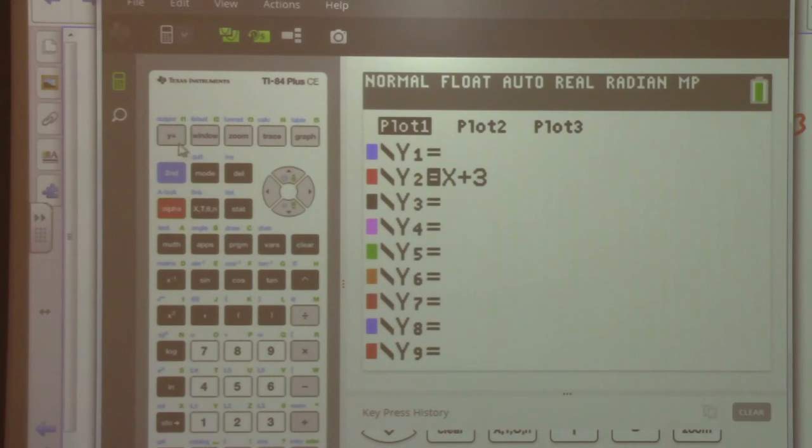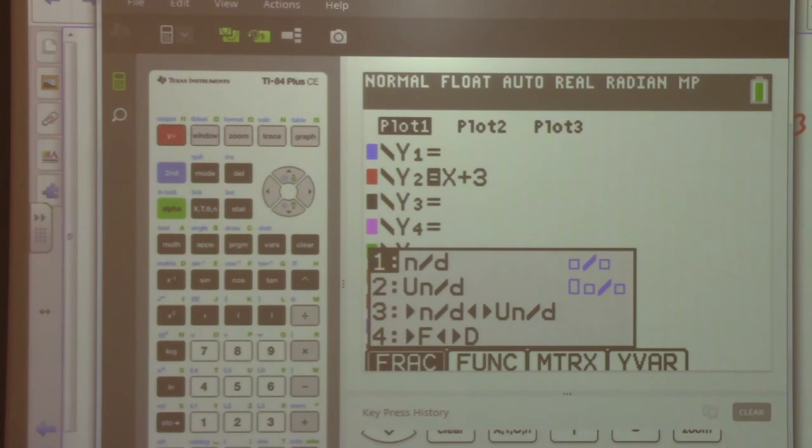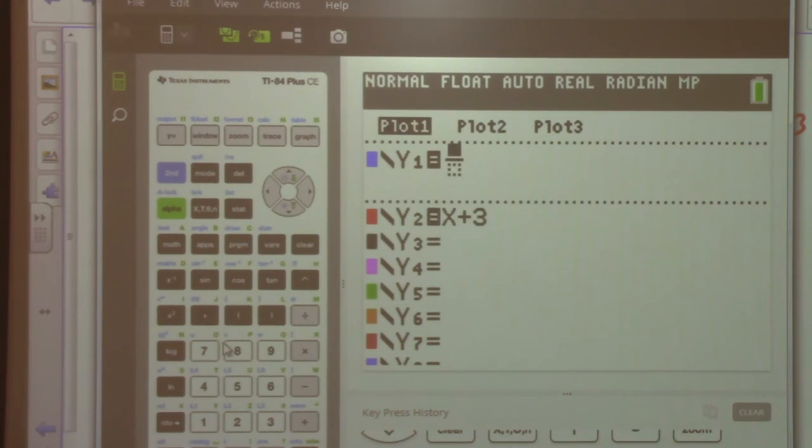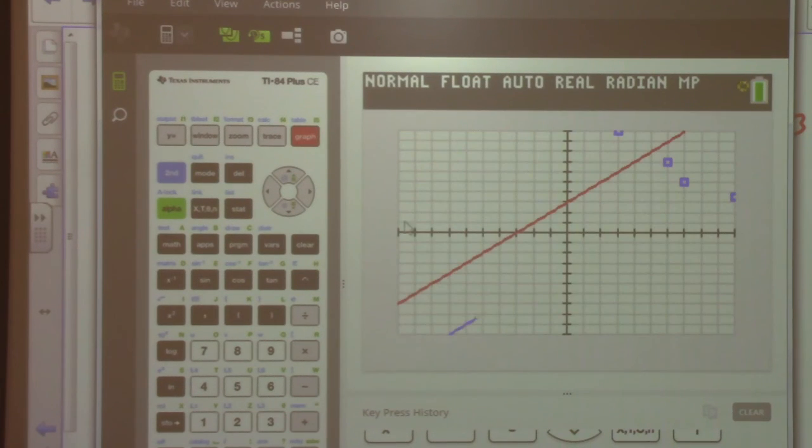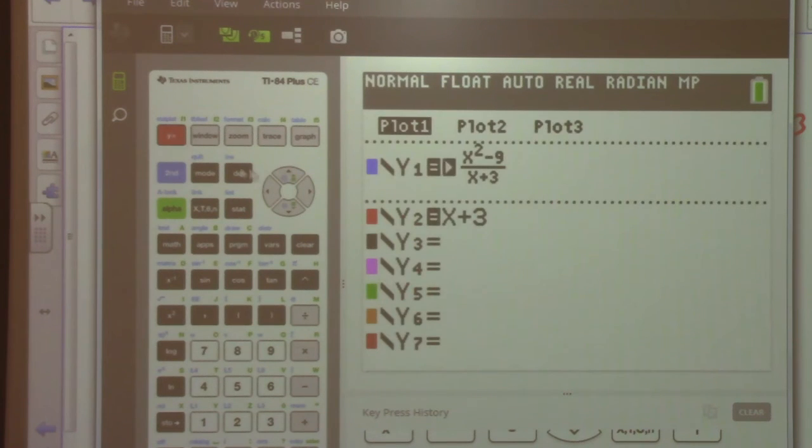The graph is this one. I'm going to do this here, and it's x squared minus 9 over x plus 3. So now, if we graph this blue one, well, something's messed up here. No, this is x minus 3, excuse me.